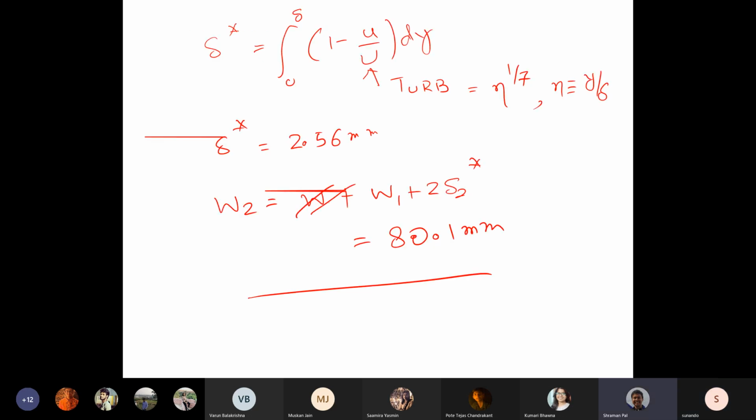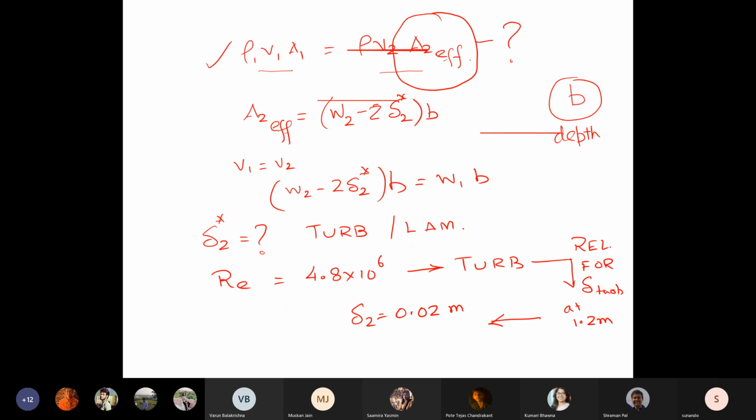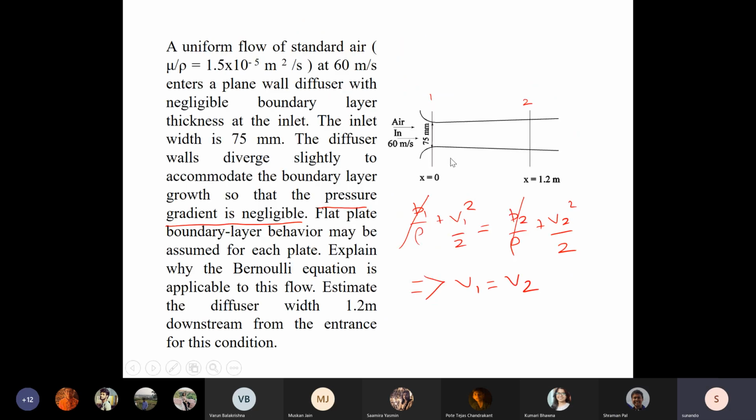Sir, when we are subtracting the displacement thickness from W, why are we not subtracting it from B as well? Oh, okay. That's a very good question. His question is that if this is a duct, then it has to be confined on all sides. So here we have a 75 millimeter gap between the two, but the problem is silent on the depth that we have.